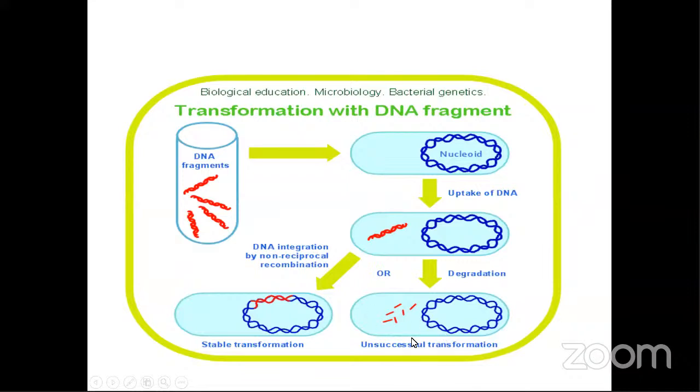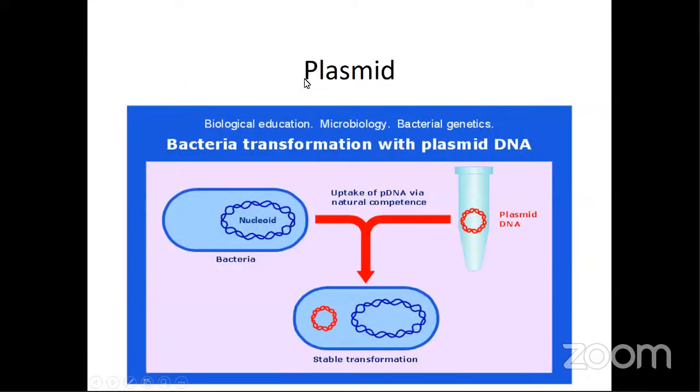So this one did not successfully acquire the DNA from the environment. If it is a plasmid, that is exogenous, extra chromosomal DNA, it's still the same process. It can be successful or not successful.